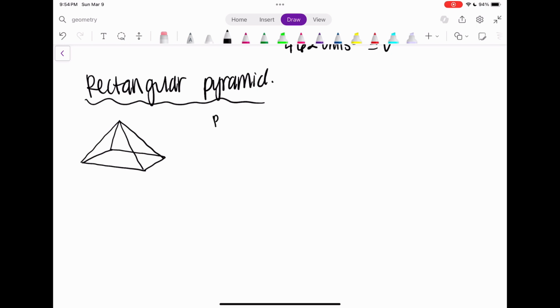Again, we're going to recall our volume formula is base times height is equal to volume. I'm going to draw the height of my pyramid from the top to the bottom part of the base, and this is going to equal h.